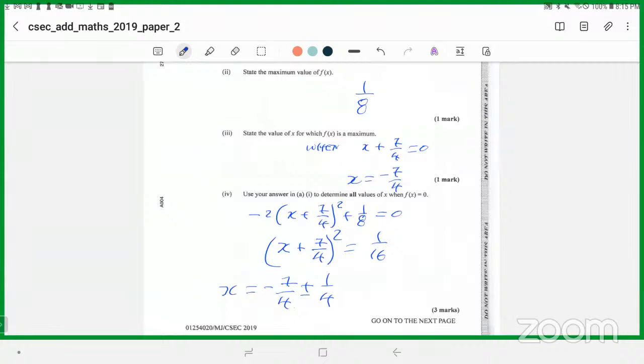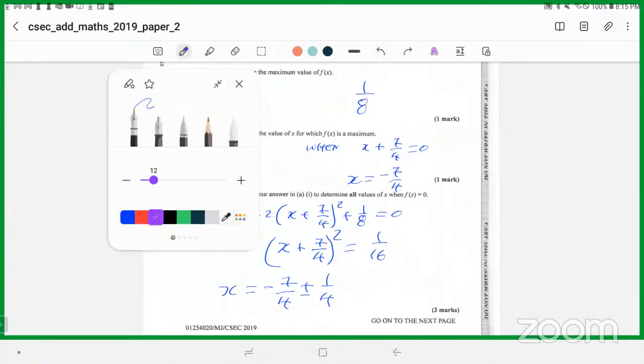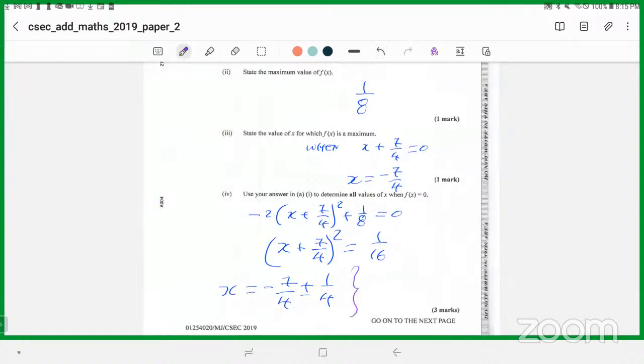So we can write now, let's use a different color just to emphasize. From here, you're going to get one with the negative, one with the positive. So it's negative 7 plus 1, that's negative 6. Negative 6 over 4 is the same as negative 3 over 2. The one value is that x equals negative 3 over 2, and the other one is with the minus down here.